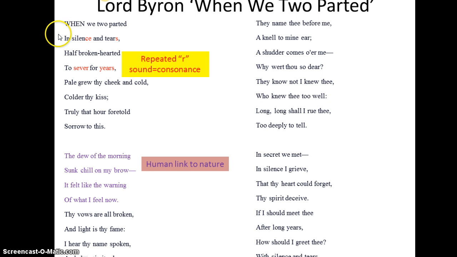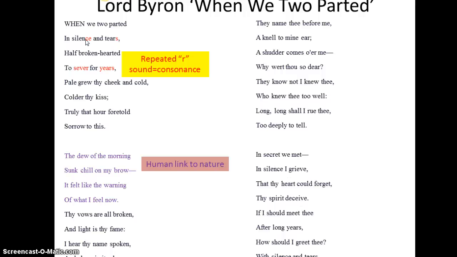All right, so we have numerous devices, but a couple that I want to pull out is this repeated sound called sibilance, and that's the repeated S sound. So we have in silence and tears. So ask yourself, why would Byron repeat that S sound? There are numerous ideas.